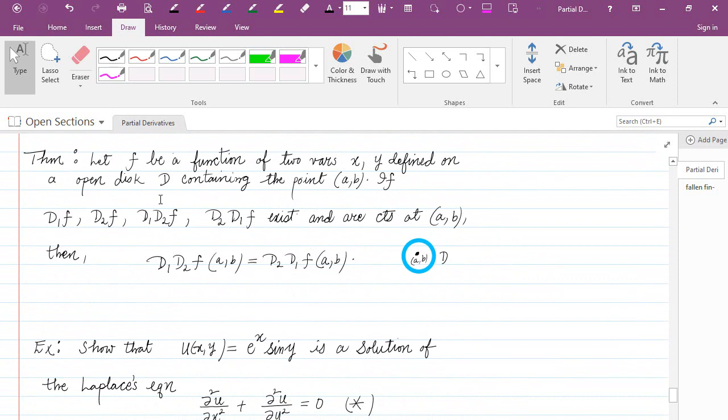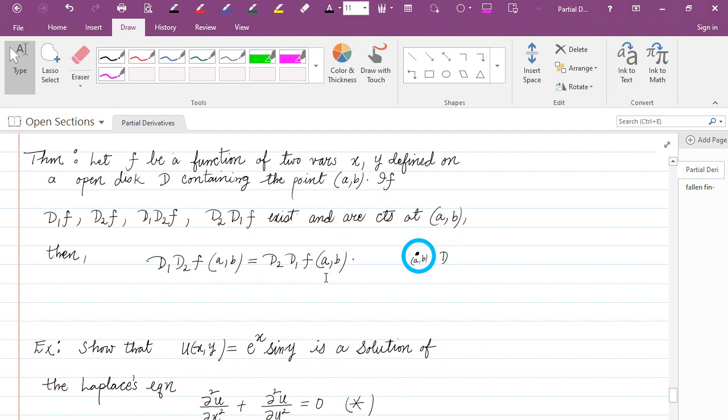So if I have a function f of two variables x and y, and let's say it is defined in an open disk D centered at the point (a, b), if the partial derivatives of f, so this is the partial derivative of f with respect to x, partial derivative of f with respect to y, and the mixed partials of f, if all these partials are defined and are continuous at the point (a, b), then it turns out that these two mixed partials are the same at (a, b).